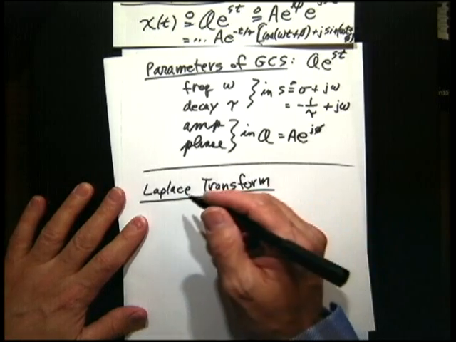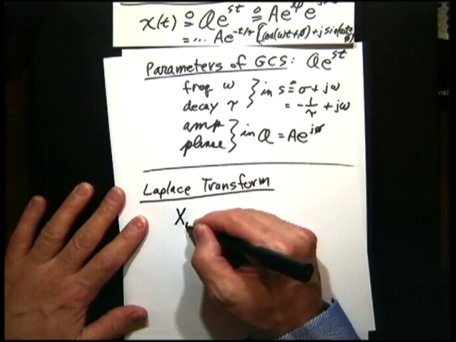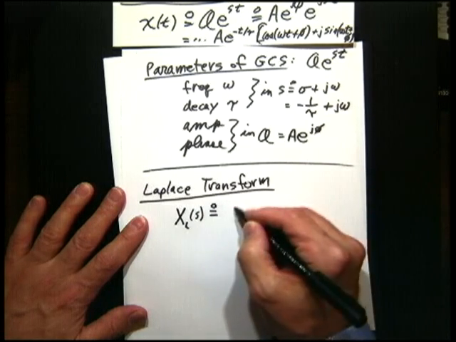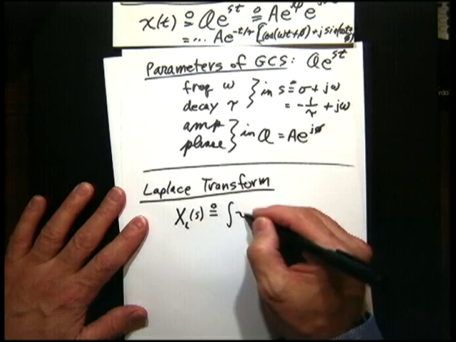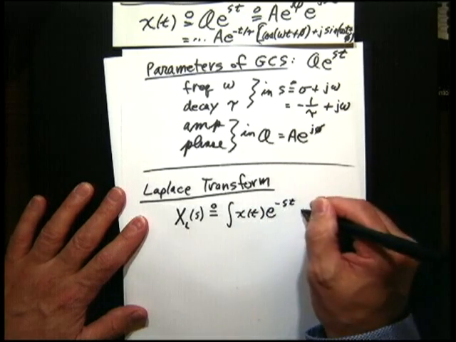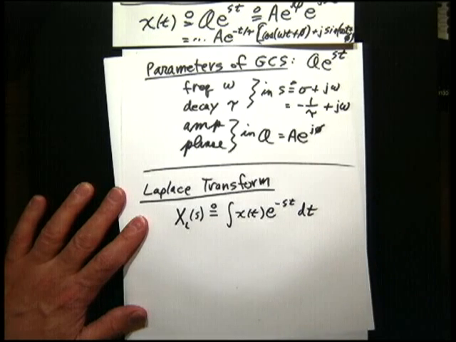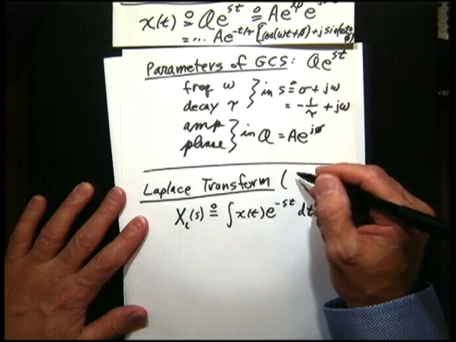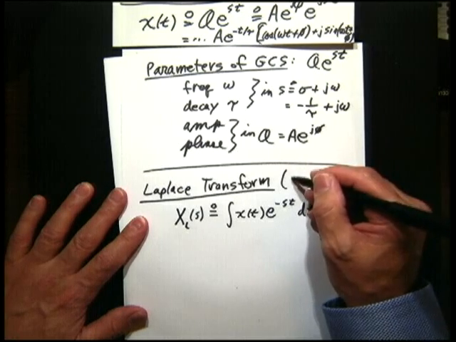So the Laplace transform, I'll call it capital X sub L, is by definition the integral of x of t e to the minus st dt. And I'm also going to mention that this is the bilateral Laplace transform.